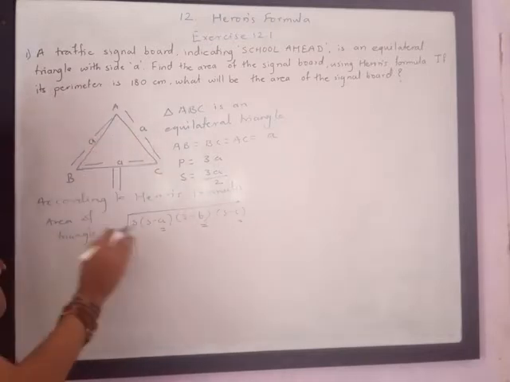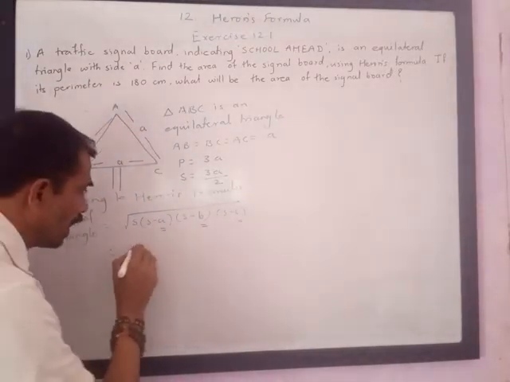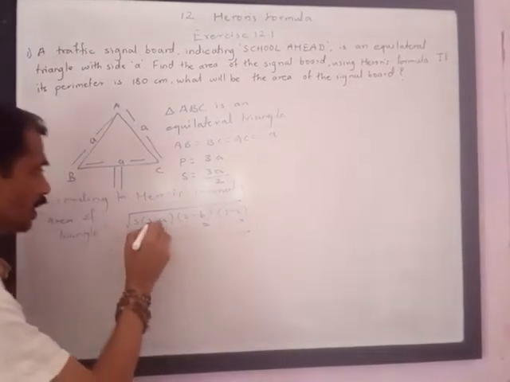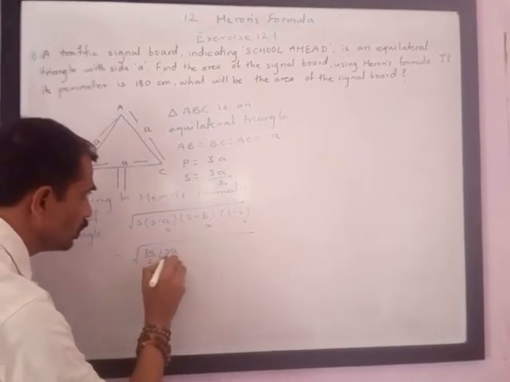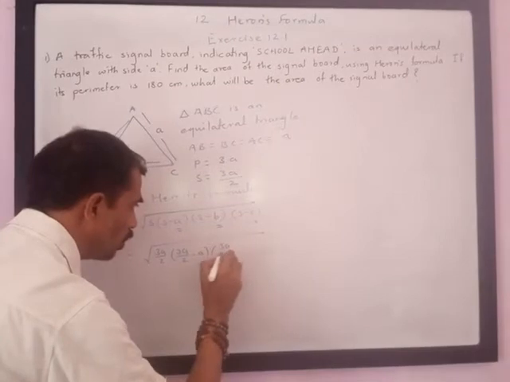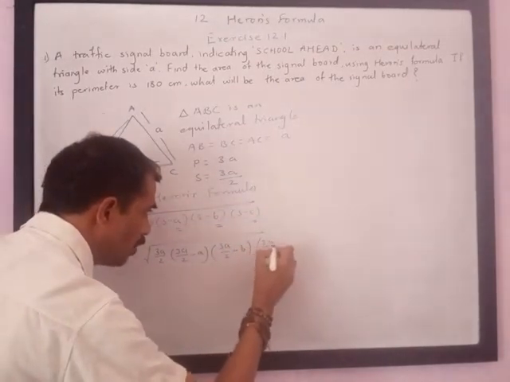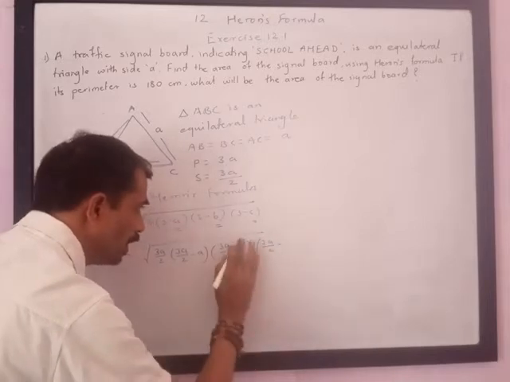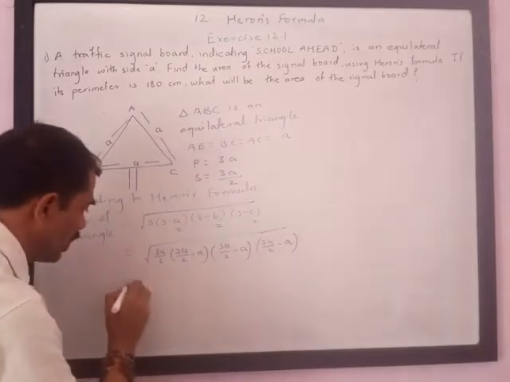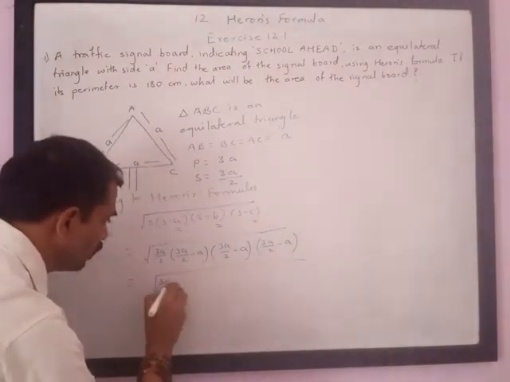Now for us, all these sides are A, so this is equal to S is 3A upon 2, in bracket S is 3A upon 2 minus A. Second is 3A upon 2 minus B, which is also A, and the third side is also A. So this is equal to under root 3A upon 2.